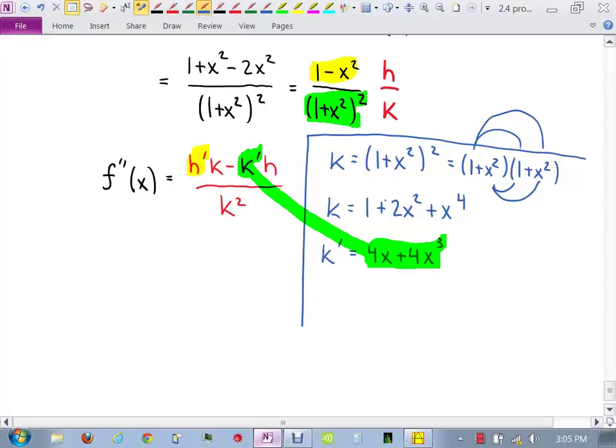Anyone else have a question on where any of that came from? All right, so here we go. Second derivative is h prime. What's h prime, everyone? Negative 2x times k. K was 1 plus x squared squared, though, right?